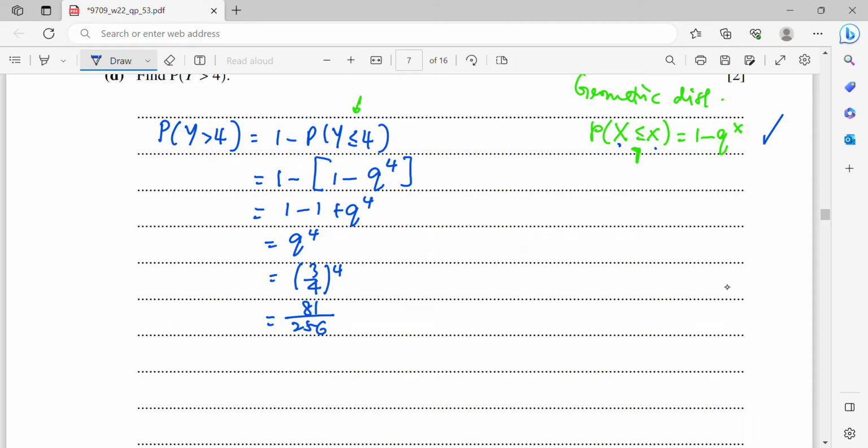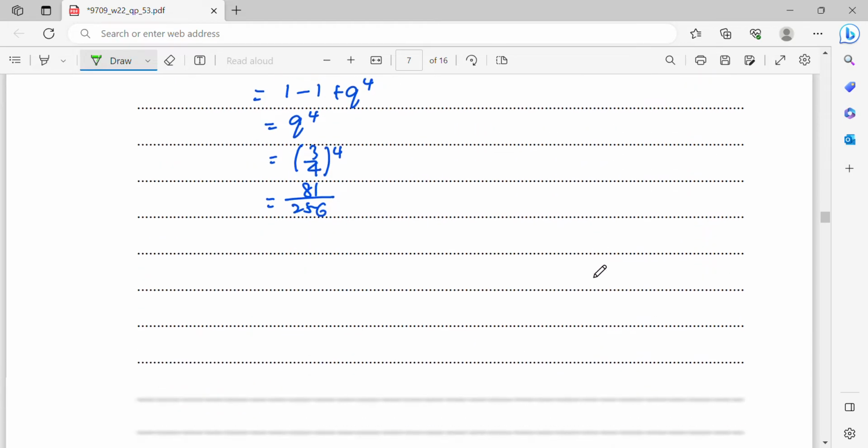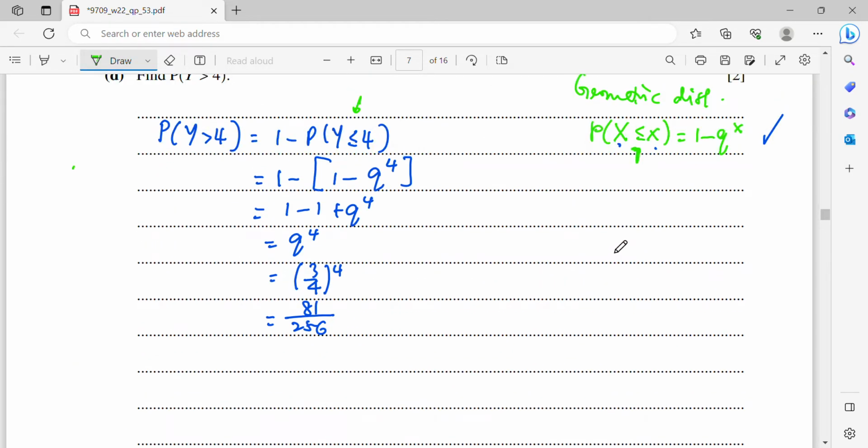But what if you can't recall this formula in the exam? So you may use another method. P(Y>4) will be 1 minus P(Y≤4). So when Y≤4, now we count each of them.